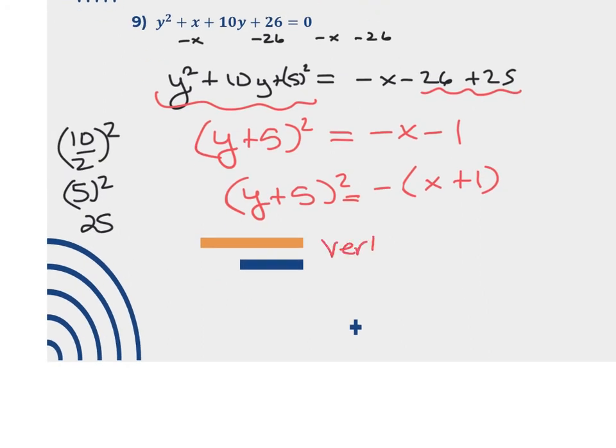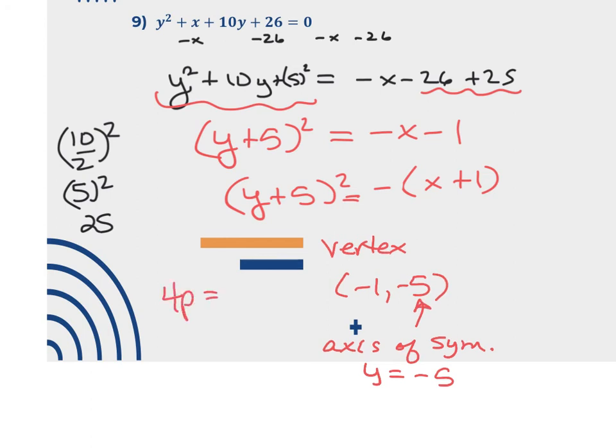My vertex is located at the ordered pair (-1, -5). I haven't been doing this, but the axis of symmetry, or maybe I did before, is going to be y equals -5. My 4p value is set equal to -1. Divide by 4, and p equals -1/4.